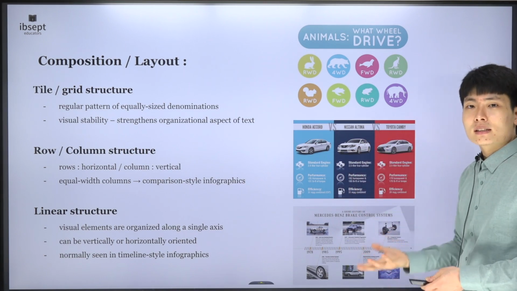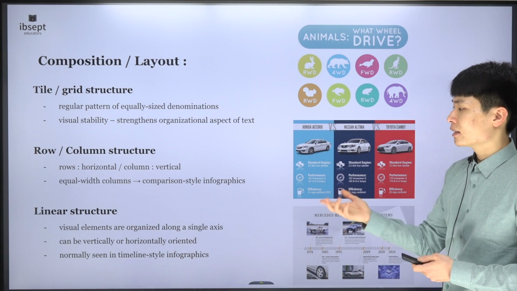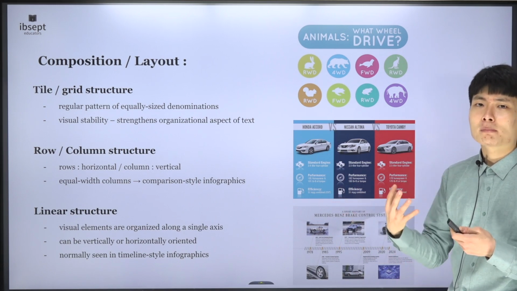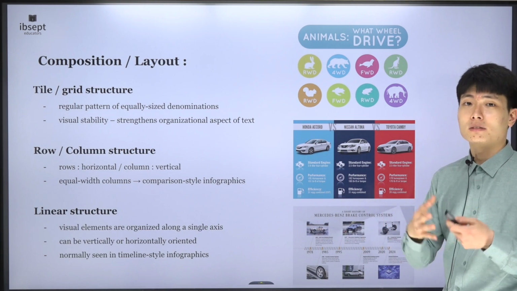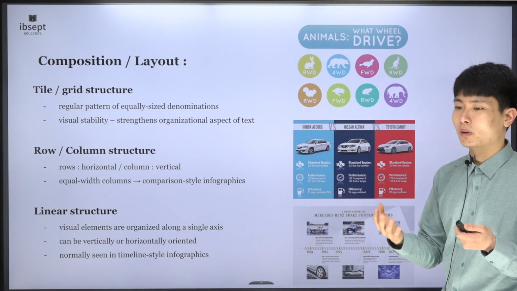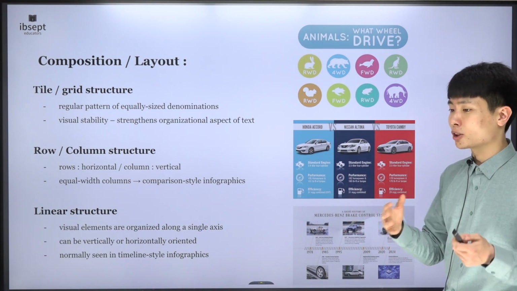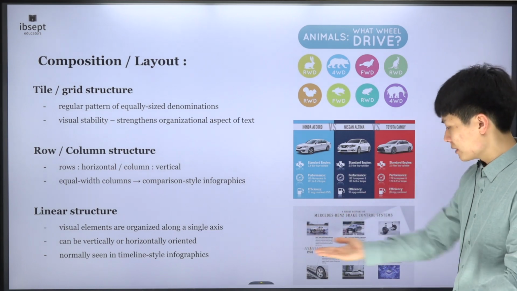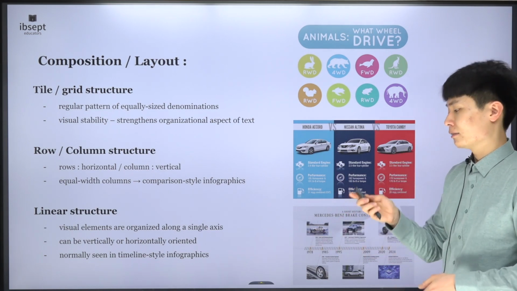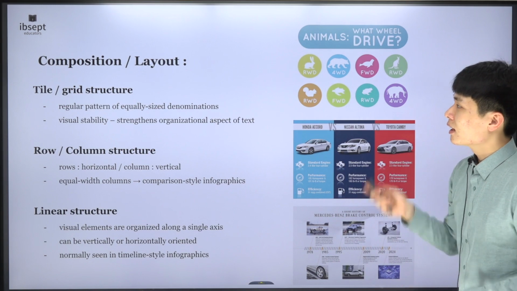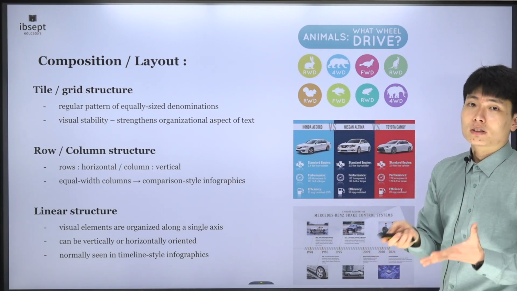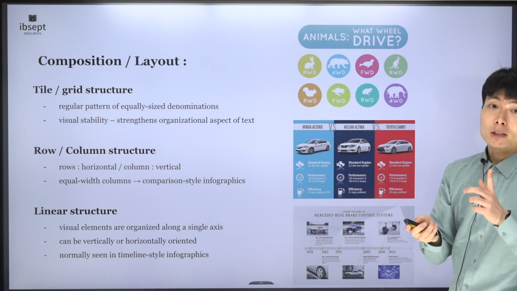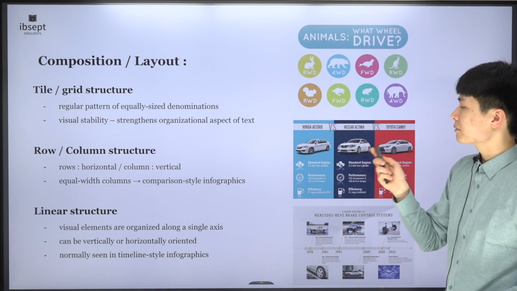This style of layout is most often used for timeline infographics, when you want to show the progression of a certain topic or idea or subject over a period of time. Very suitable for that kind of purpose. So these are all terminologies you can use to describe different things happening, especially in infographics.